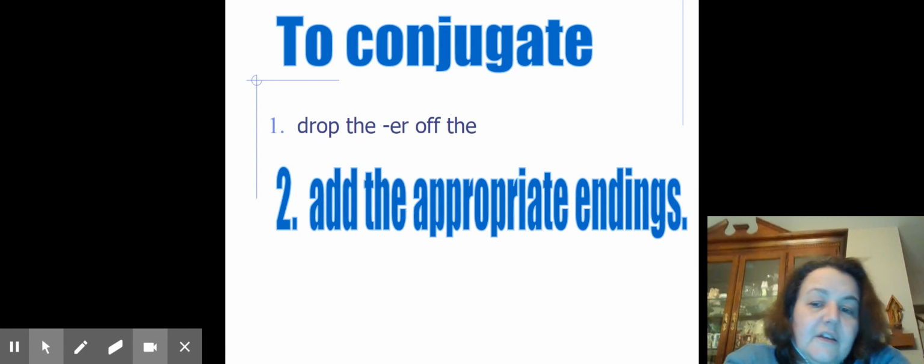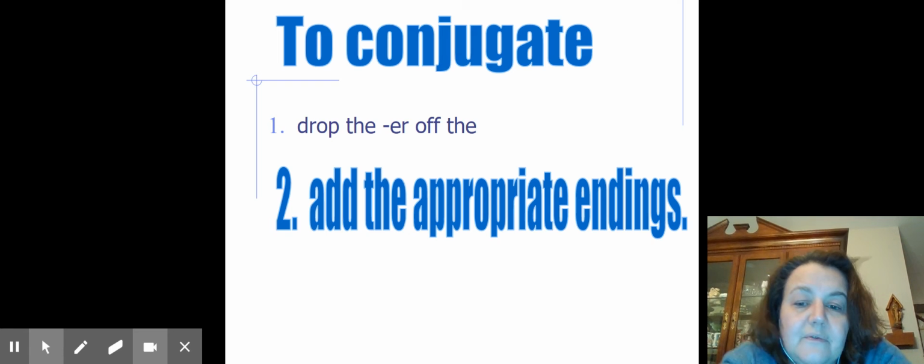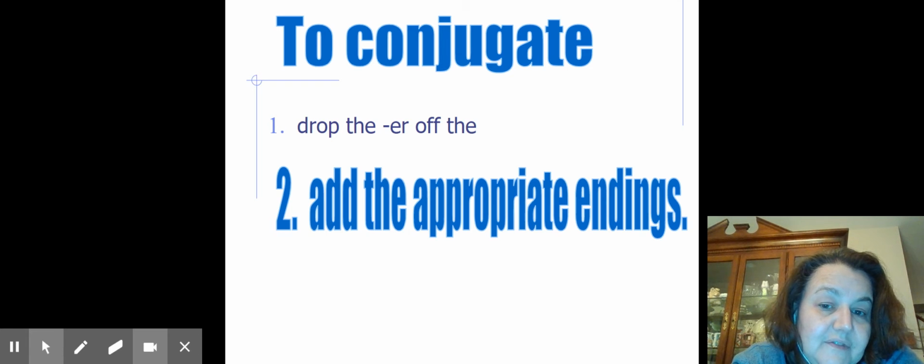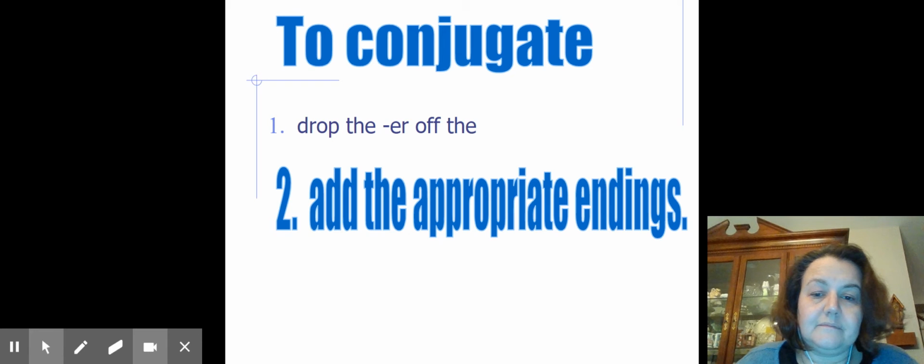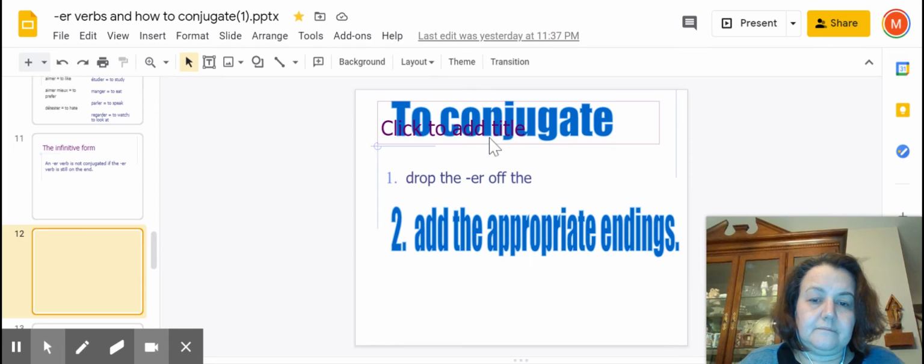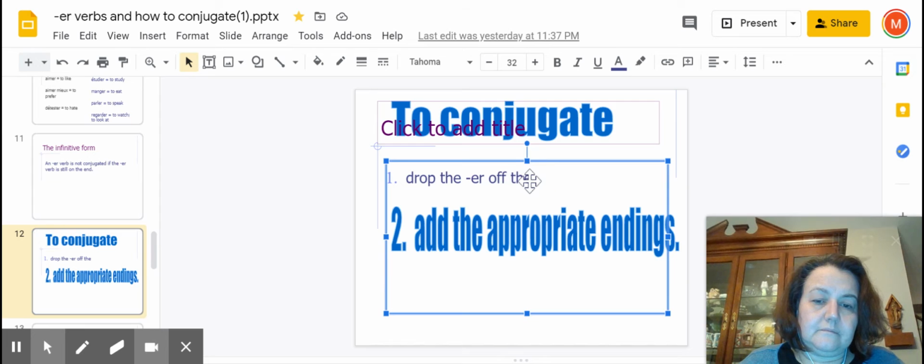So to conjugate the verb, we drop the ER off of the infinitive, and that gives us what we call the stem.